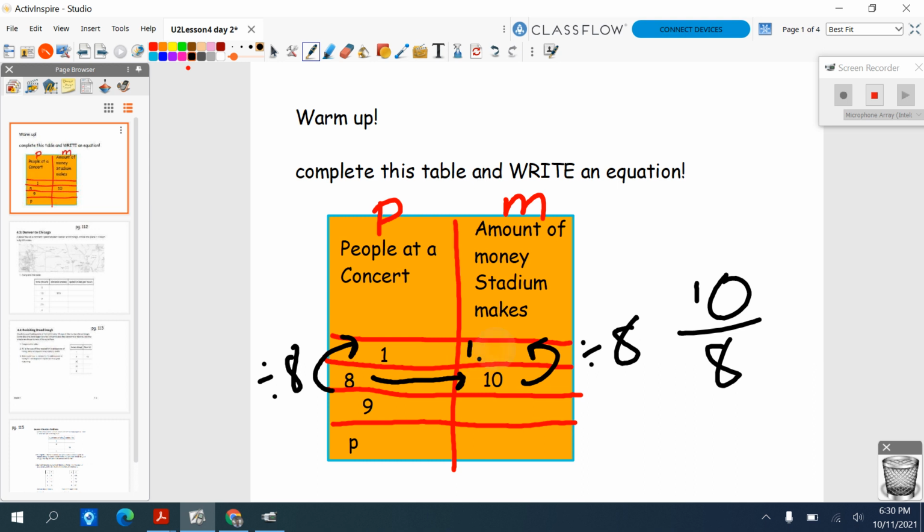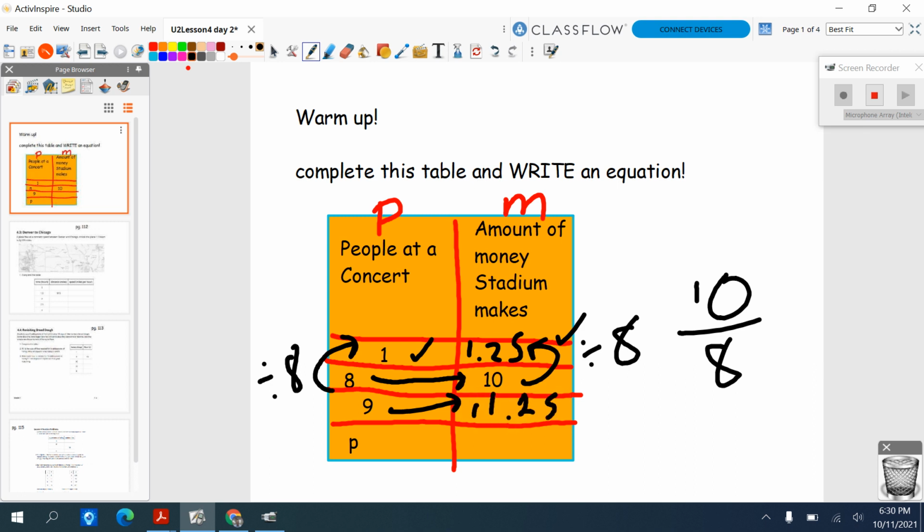So that means I just figured out that when one person goes to the concert, the amount that the stadium makes is $1.25. That must mean it's $1.25 per person. So pretty much I'm just multiplying the amount of people times 1.25. So 9 times 1.25 is $11.25.